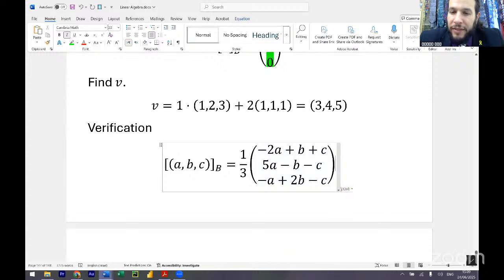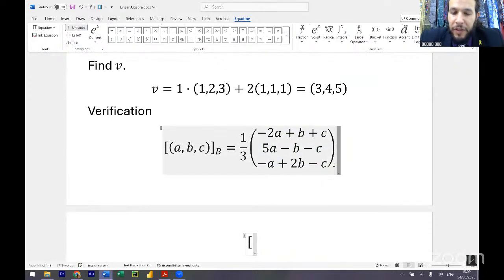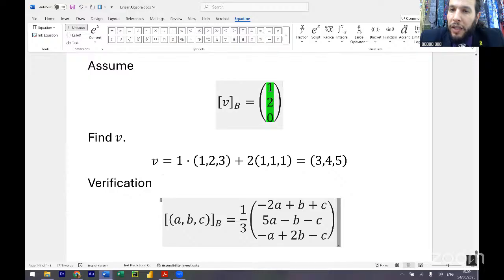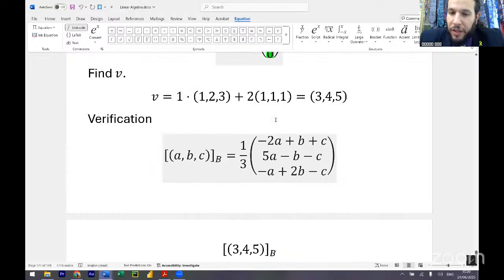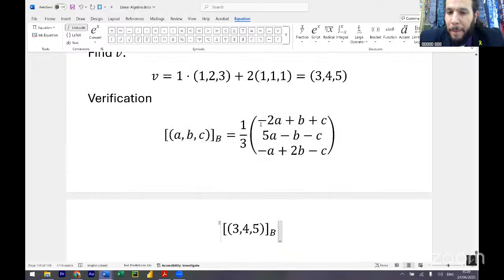I was mistaken. Let's look at the coordinates of 3, 4, 5, and hopefully there's supposed to be 1, 2, 0. So let's try. -6 plus 4 is -2, plus 5 is 3, over 3.